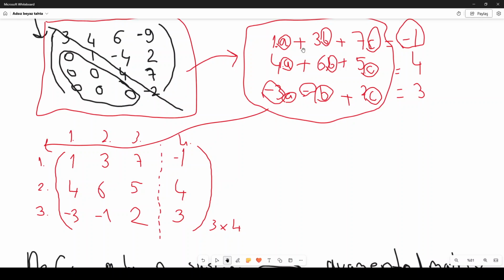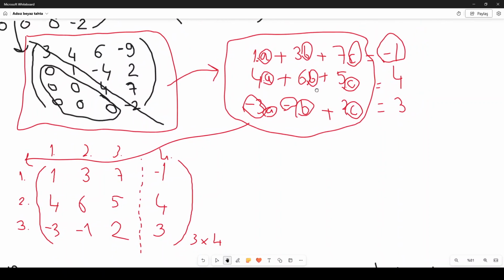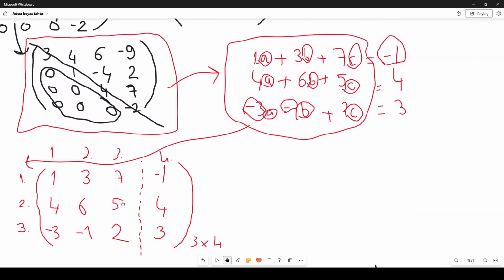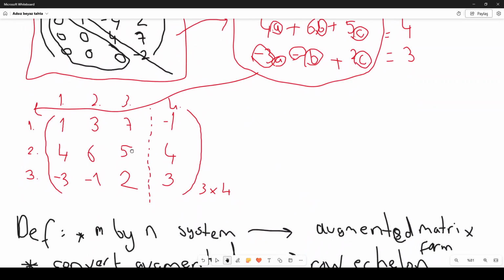Suppose we are trying to find the solution set via the Gaussian elimination method for this given system of linear equations: a plus 3b plus 7c is equal to -1, and 4a plus 6b plus 5c is equal to 4. Then how are we going to do it? We already formed the augmented matrix that corresponds to the original system. Now what do we try to do?